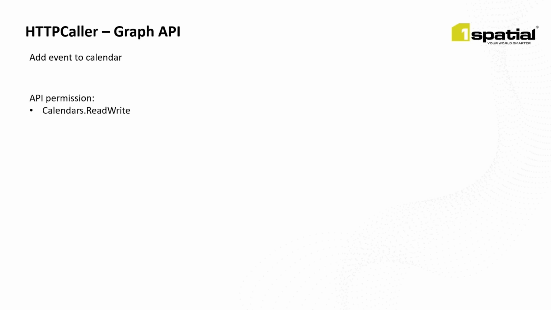As I mentioned earlier, the difference from the OneDrive connector is that we need to access not the OneDrive, but the calendar. It is simply a different API permission. So instead of the file.readwrite.all, this is calendar.readwrite that you need to add as an API permission.